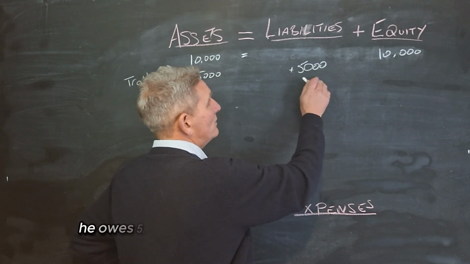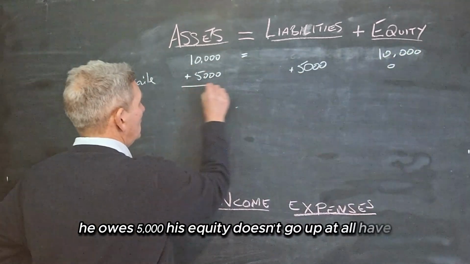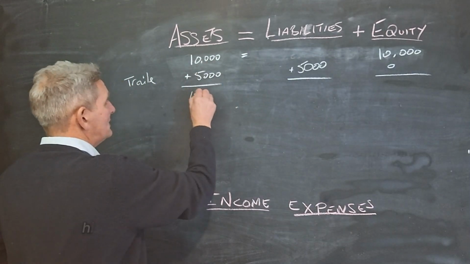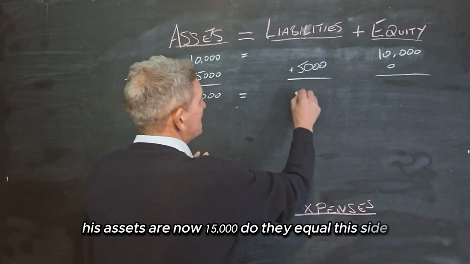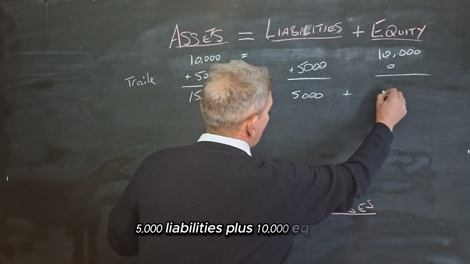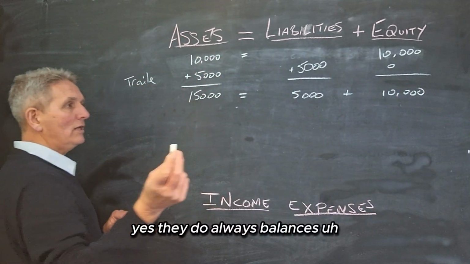He owes 5,000. His equity doesn't go up at all. We haven't affected the equity, and if we add them all up again, his assets are now 15,000. Do they equal this side? 5,000 liabilities plus 10,000 equity. Yes, they do. Always balances.